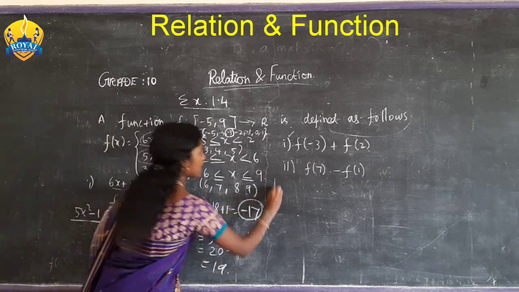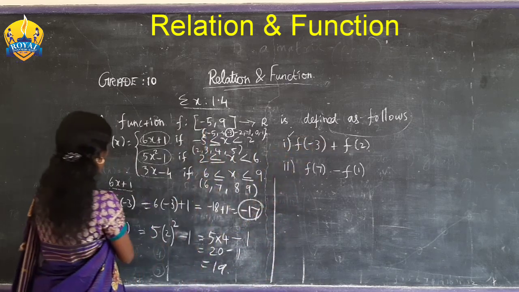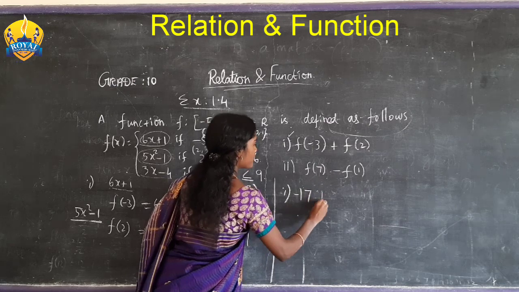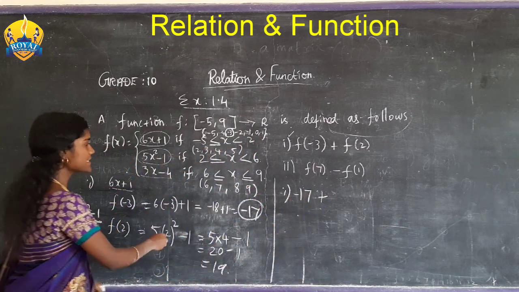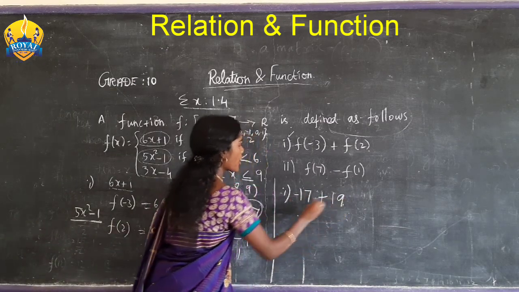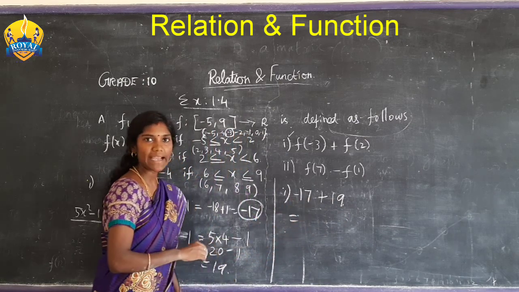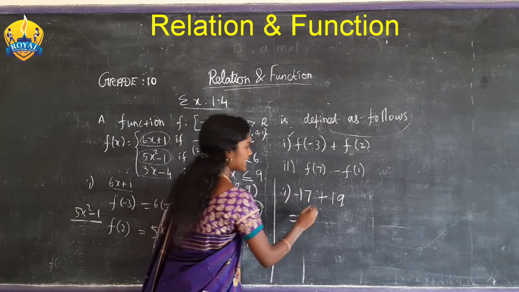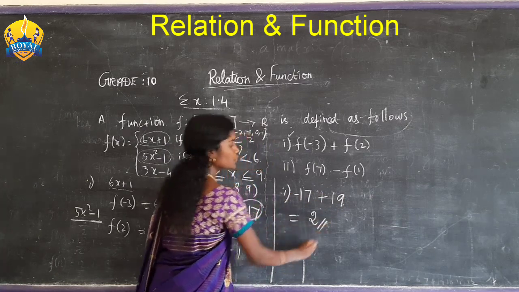So f of minus 3 is minus 17 and f of 2 is 19. Opposite signs mean you subtract and put the sign of the greater number. So 19 minus 17, the answer is 2.